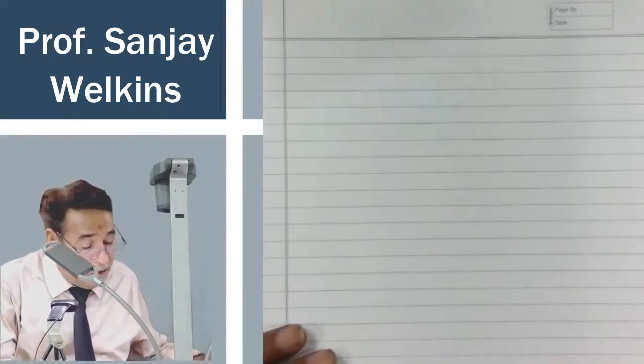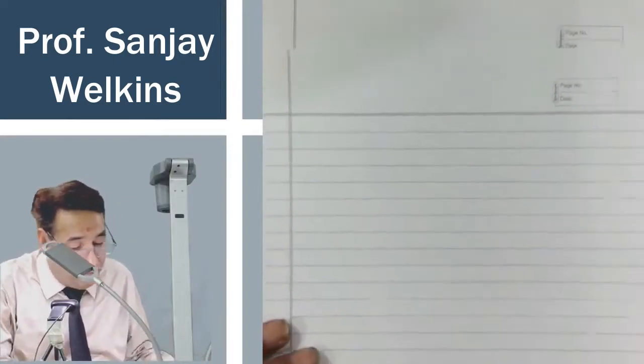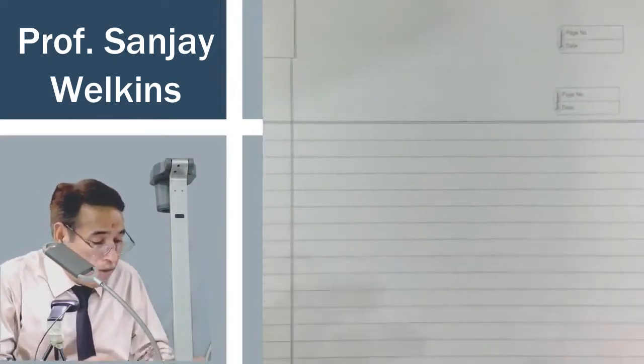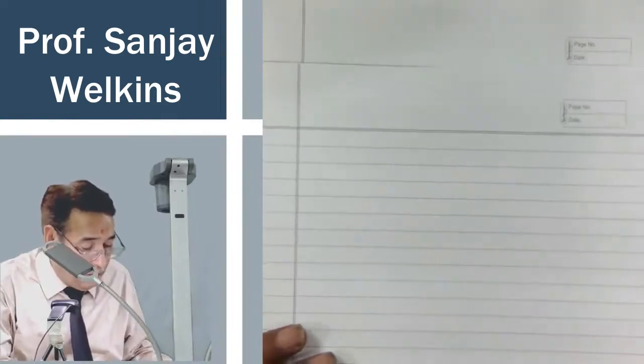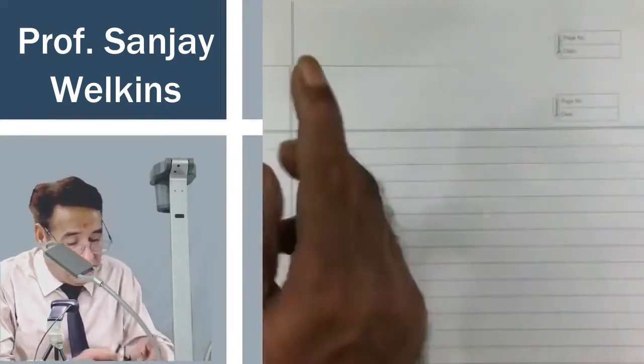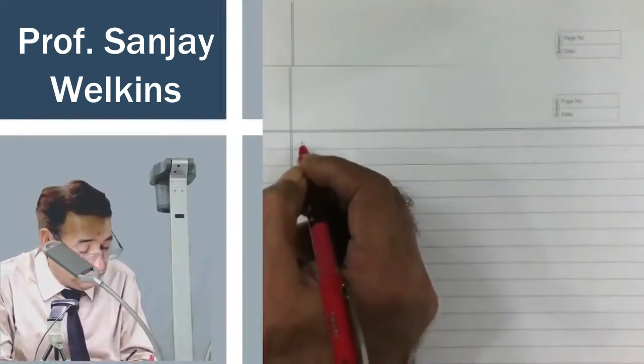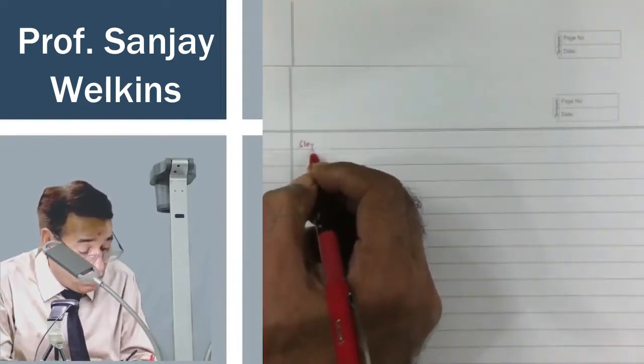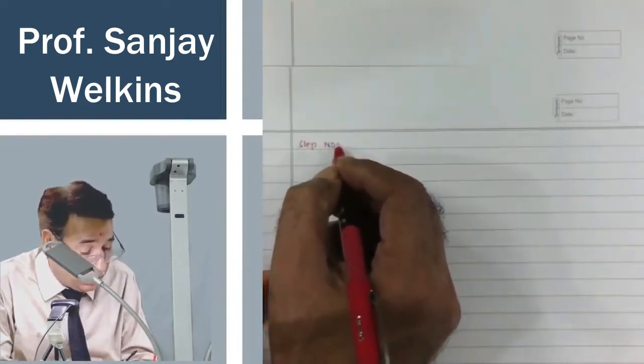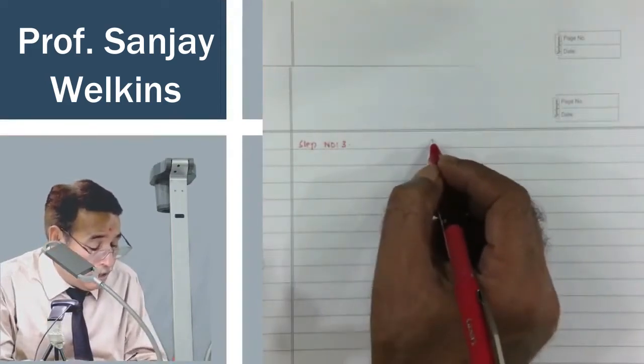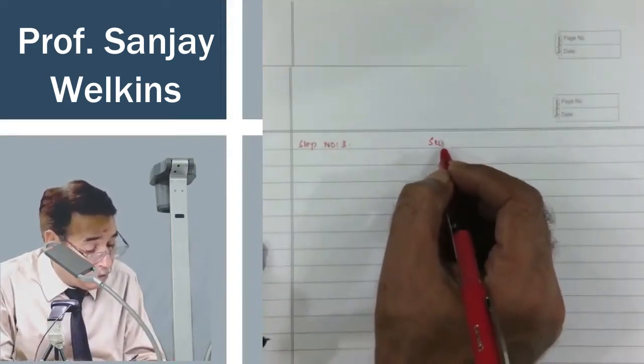However, in this question, there is another company, Sunrise Limited, wherein you will have to do a bit of effort. Sunrise Limited, step number 3 now. Here I write Sunrise Limited, that means in the books of Sunrise Limited.